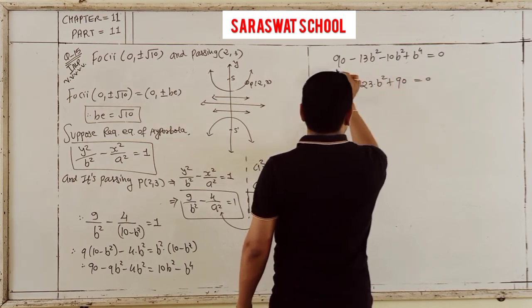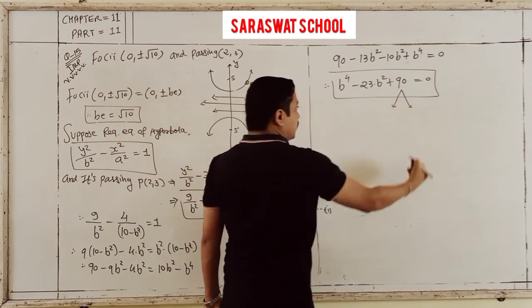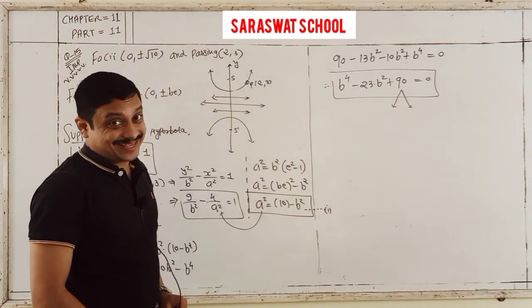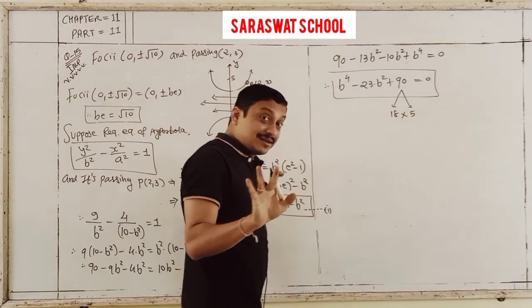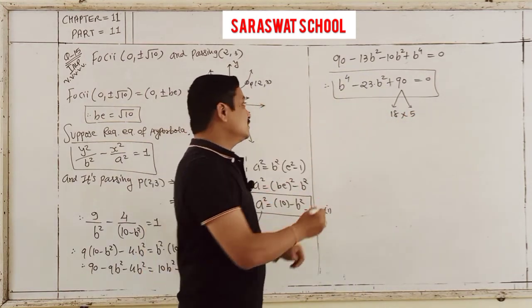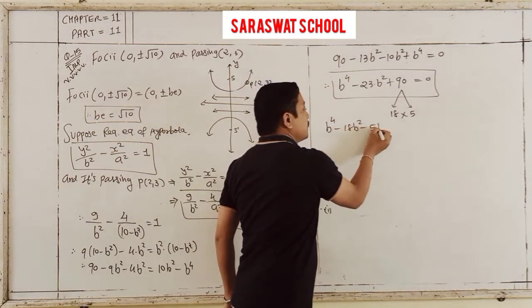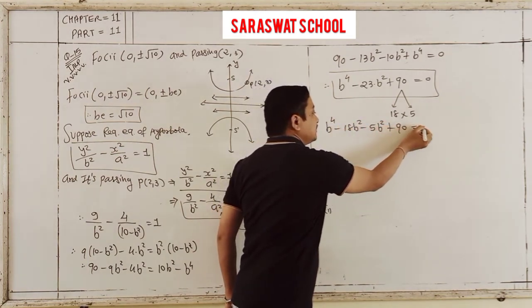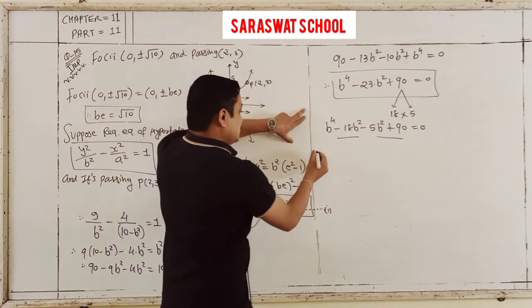Now students, split the 90 in the way of 23. It is 18 5s, and 18 5s are 90, which is done, and the sum is 23. So b raised to 4 minus 18b square minus 5b square plus 90, and take factorization.